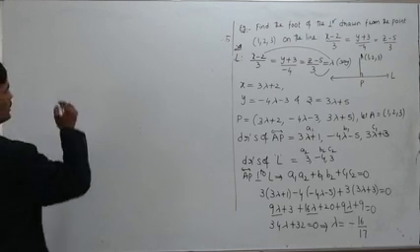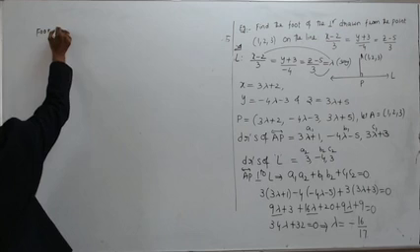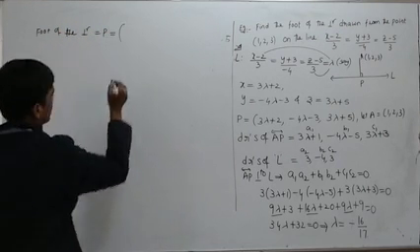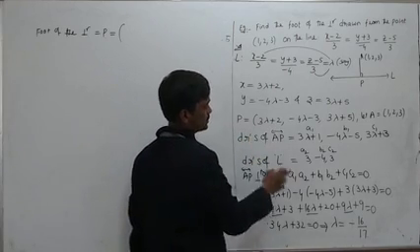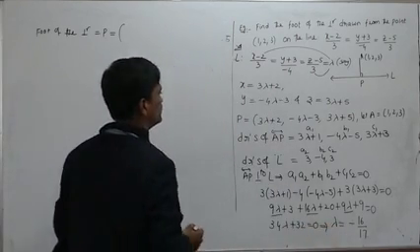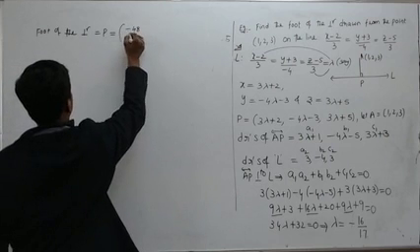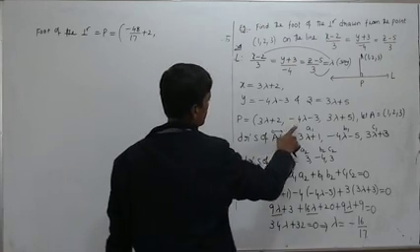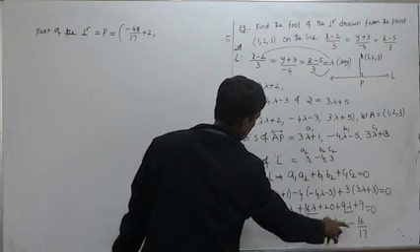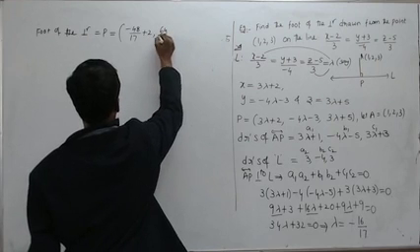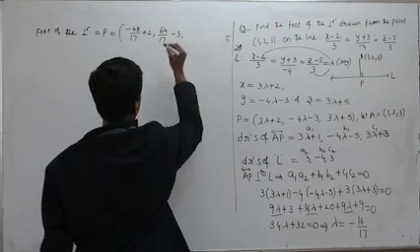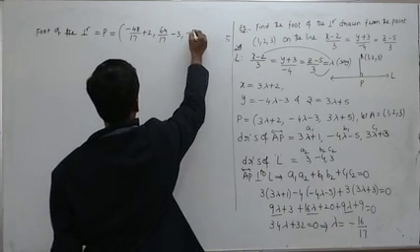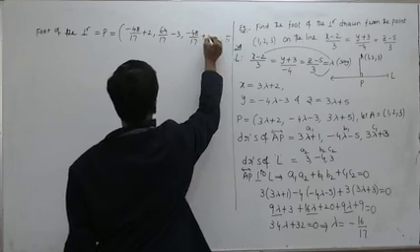So if you put the lambda value, the foot of the perpendicular P is equal to: 3 lambda plus 2, with lambda as minus 16 by 17, so 3 into minus 16 by 17 is minus 48 by 17 plus 2, comma, minus 4 lambda minus 3, so minus 4 into the lambda value gives plus 64 by 17 minus 3, comma, 3 lambda plus 5, so minus 48 by 17 plus 5.